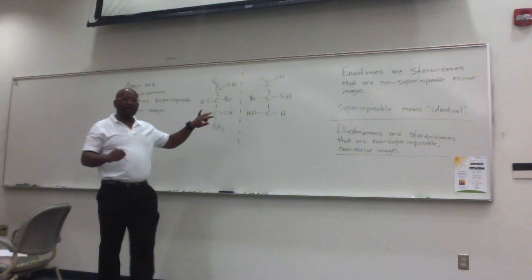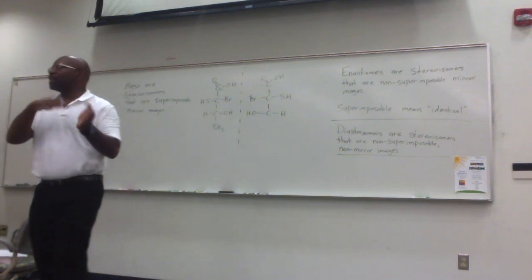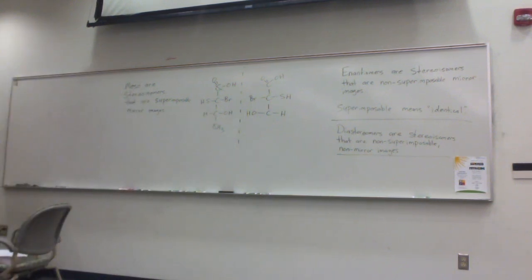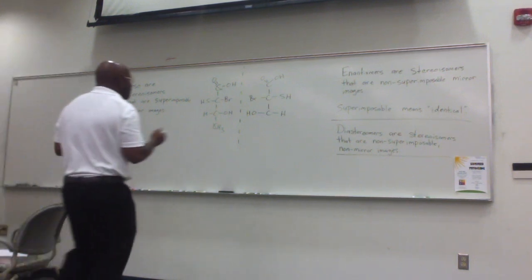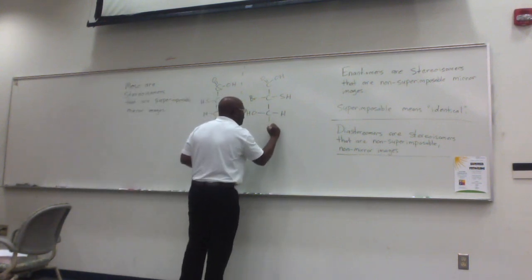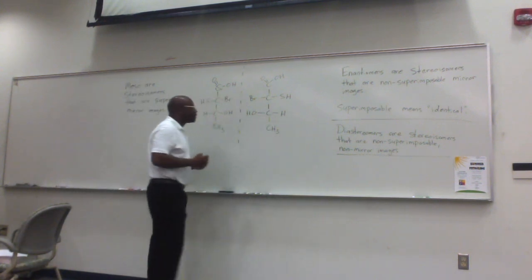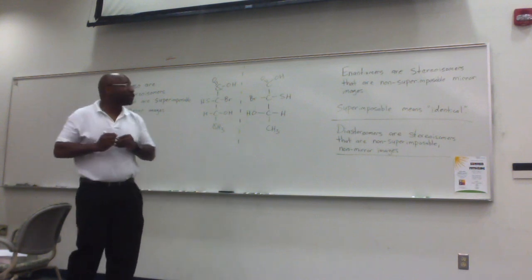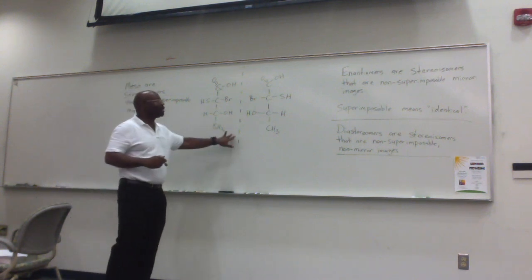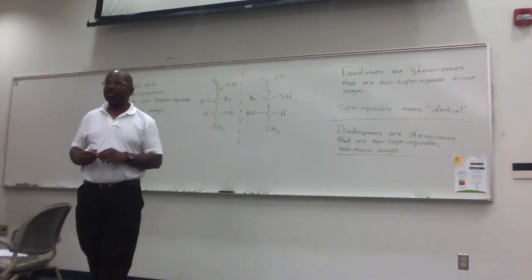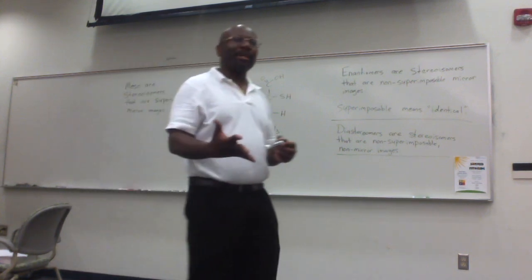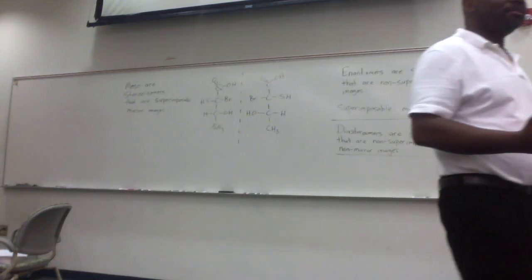For the carbon atom that is not chiral, it doesn't matter if it's left or right, so we'll keep it in the same direction. We only really focus on the chiral carbon atoms anyway. And you're going to put H, CH3. The relationship between these two molecules is enantiomers. They are mirror images that are not identical.